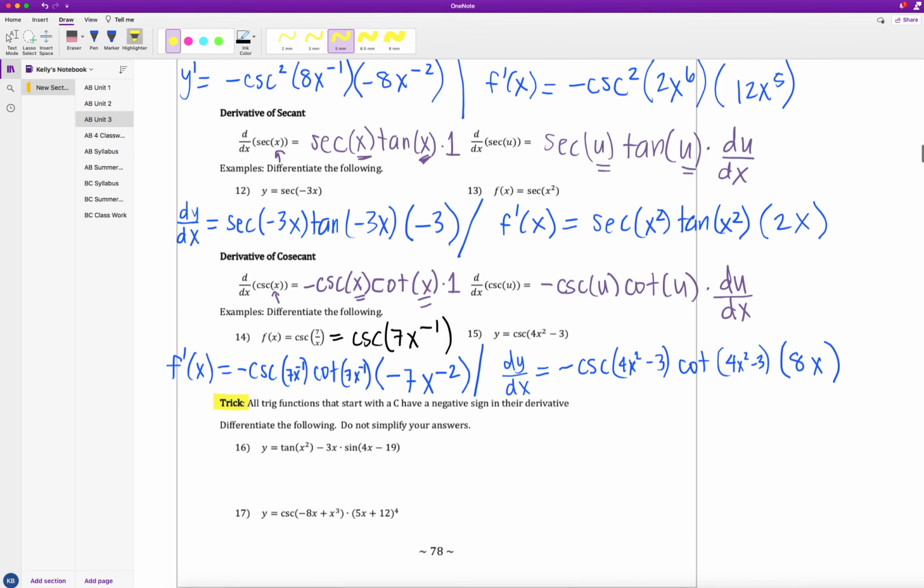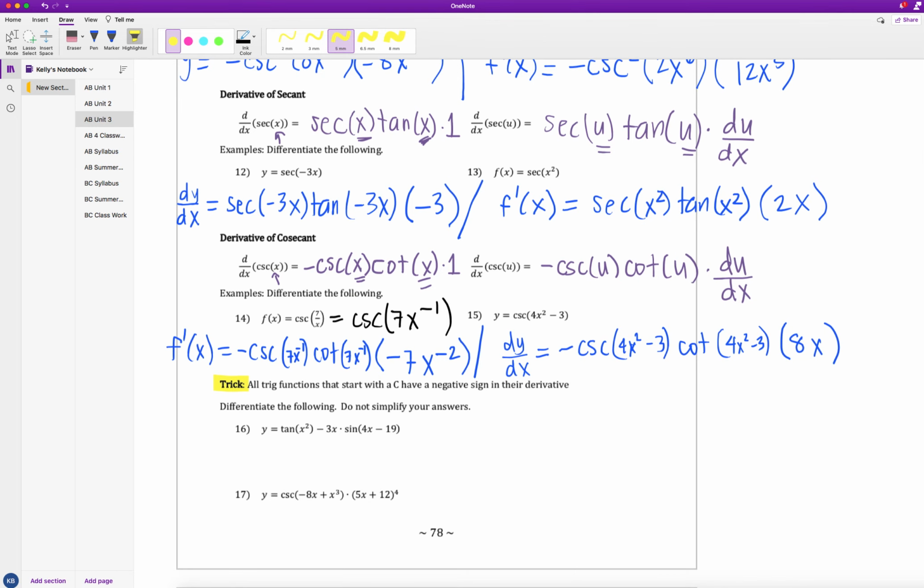Okay, let's look at a couple examples where we put these together. So in example 16 here, for all of these, it's asking us to differentiate the following and not simplify our answers. So in example 16, we have y equals tangent of x squared minus 3x times sine of 4x minus 19. There's a lot going on here.